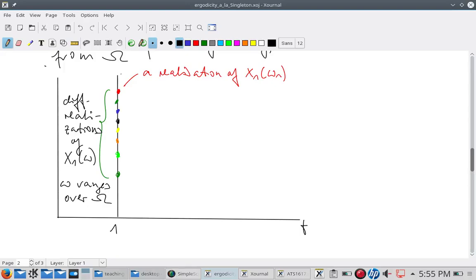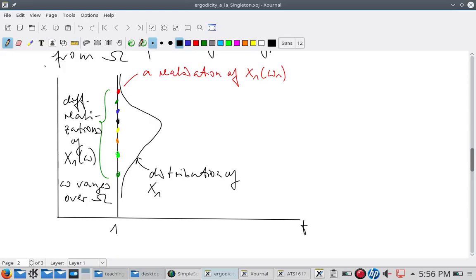So here's a density, a distribution of x1, obtained from these different realizations, as small omega ranges over big omega. Okay, that's what we would like to have, but alas, we can't have it.